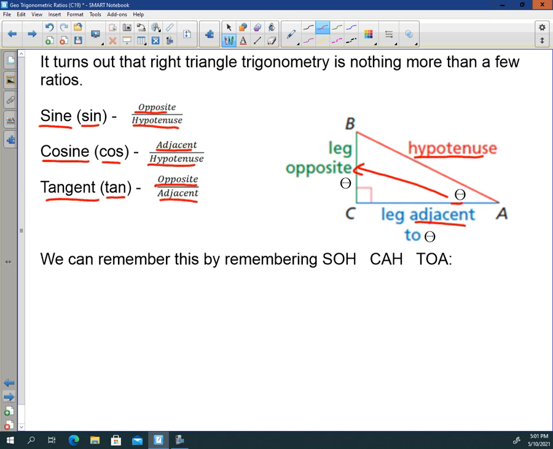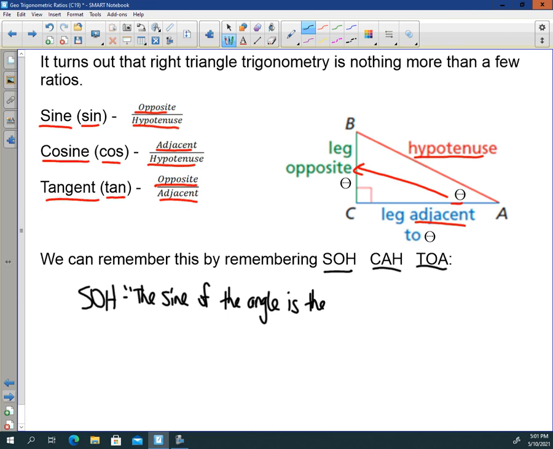There's a way to remember these relationships, and we say it SOH CAH TOA. SOH can be translated as: the sine of the angle is the opposite over the hypotenuse.